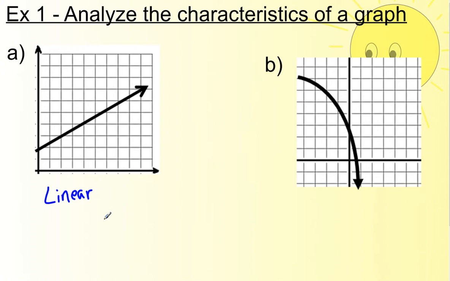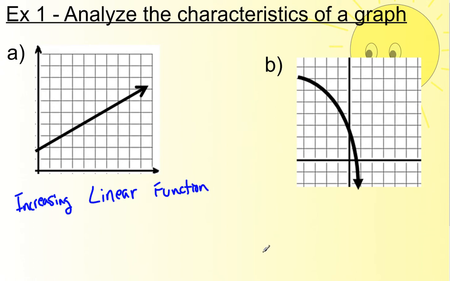Basically, we're talking about the slope. Is the slope positive? Is the slope negative? Is the slope 0? This guy has a positive slope, so it is increasing. So this is an increasing linear function.